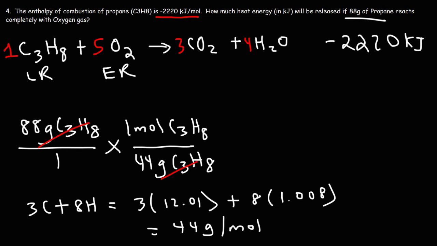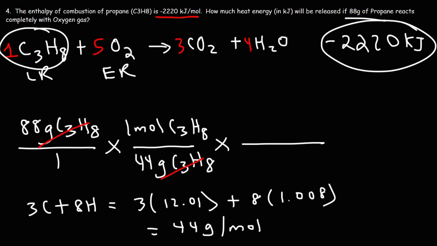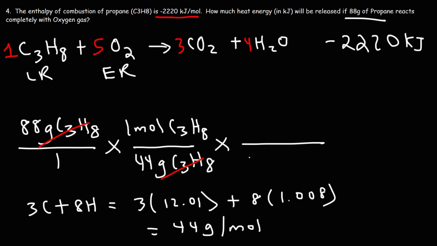Now our next step is to use the thermochemical equation to convert from moles of propane to kilojoules of energy. So 1 mole of propane will release that amount of energy. So we can cross out those two units.